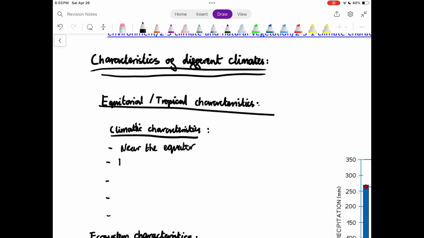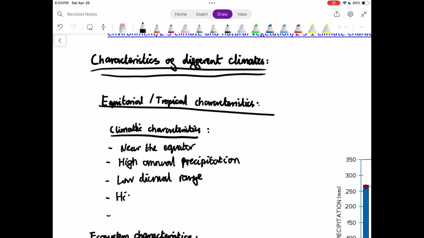It also has high annual precipitation. It has a low diurnal range. It has high humidity. And it also has no seasons, so the weather remains constant all year round.